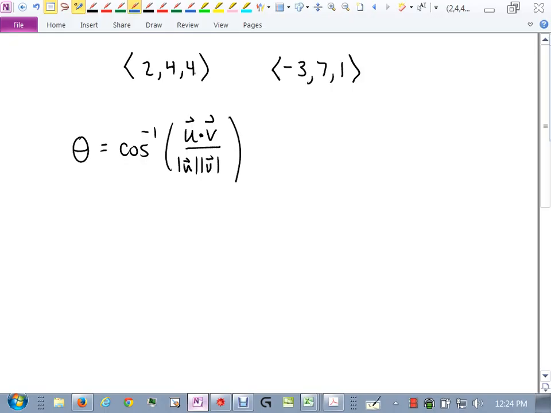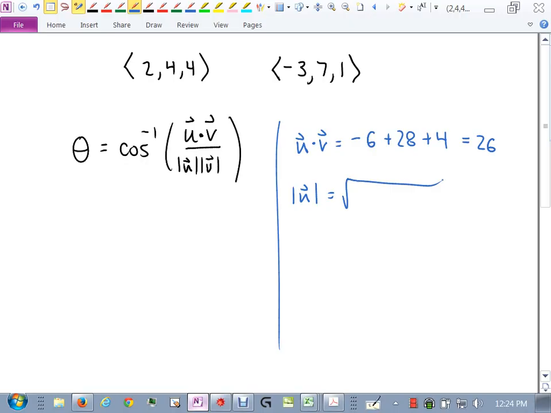Let me go ahead and work this out on the side. What's u dot v? Negative 6 plus 28 plus 4. So 26. All right, I need the magnitude of u. What's the magnitude of u?